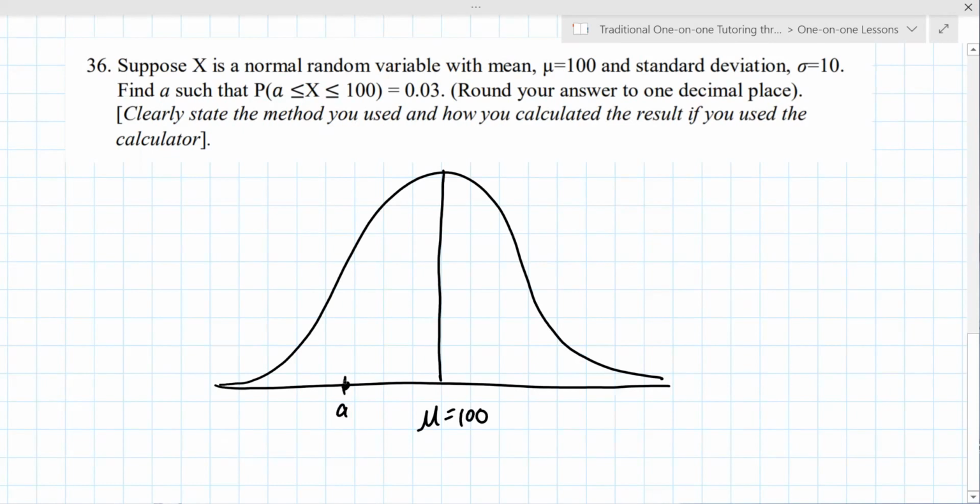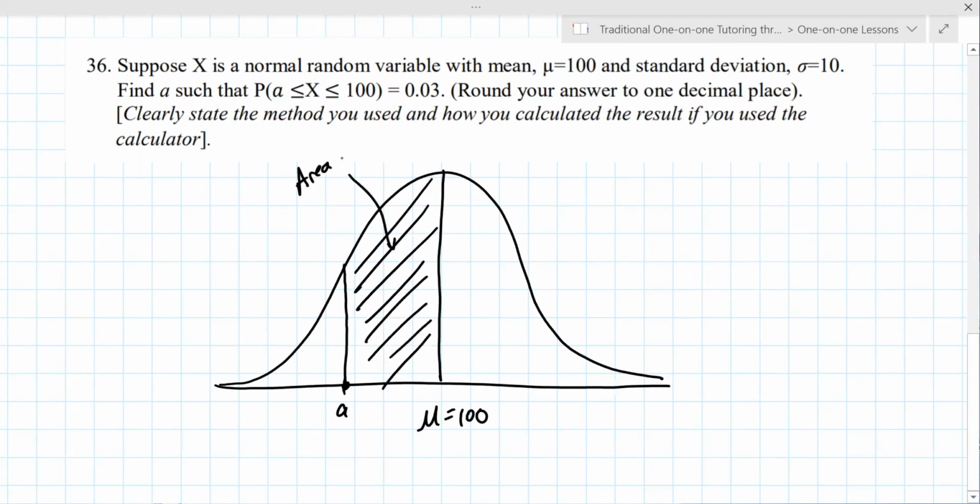They're saying, and this is not to scale, that this area is 0.03. The whole area under the curve is 1. So the area left of this center line is 0.5 left and 0.5 right. So this area over here, not to scale, is 0.47, because 0.47 plus 0.03 is 0.5, which is this area on the left. Gotcha.